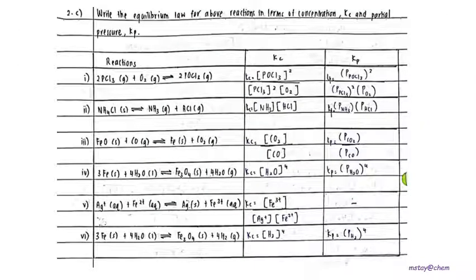This is the answer for tutorial question number 2c. Because the first equation consists of gaseous substances in the system, we are able to write both Kc and Kp expressions. While for question number C2, the reactants are solid, so solid will not appear in the Kc expression.